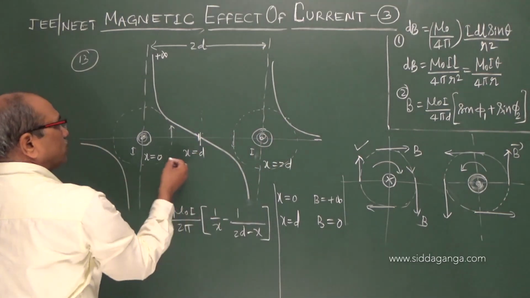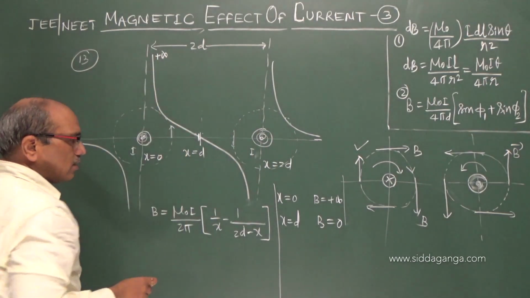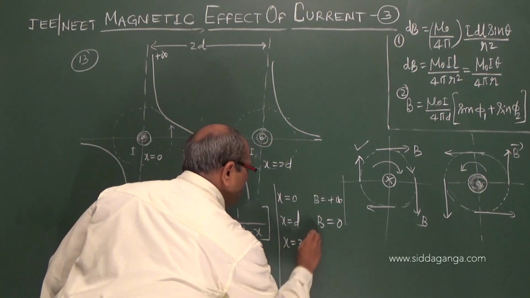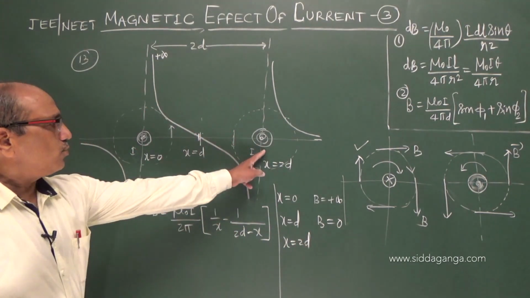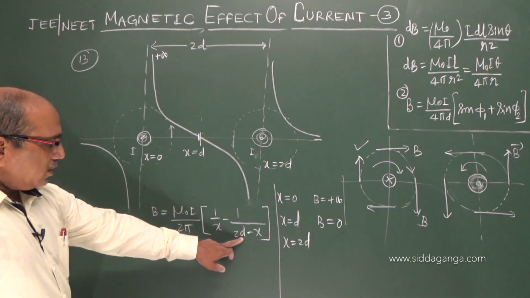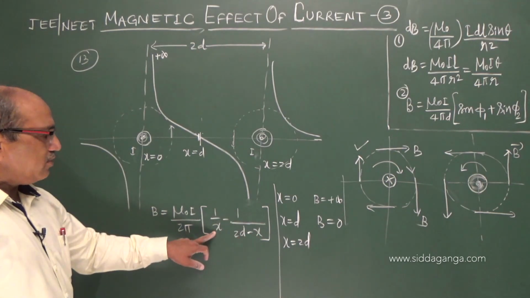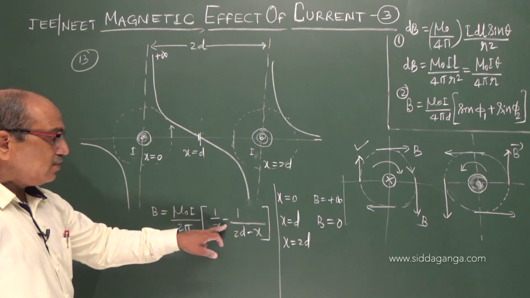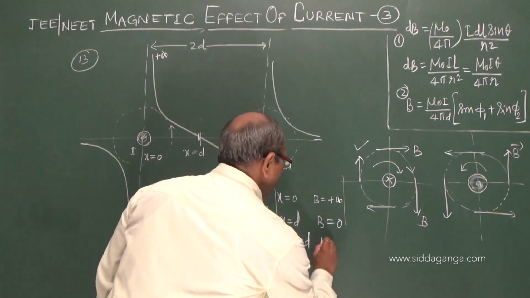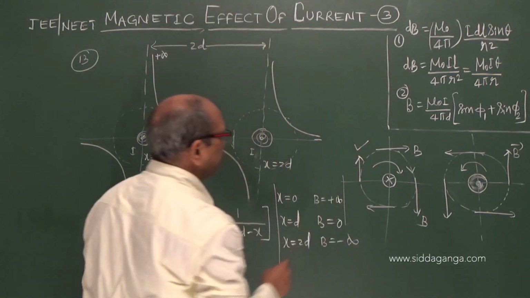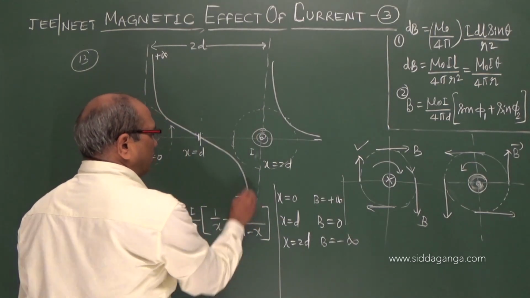The field comes down and goes upward. For x equal to 2D, 2D minus 2D is 0, and 1 by 0 is infinity, with a minus sign in front, so B tends to minus infinity here.